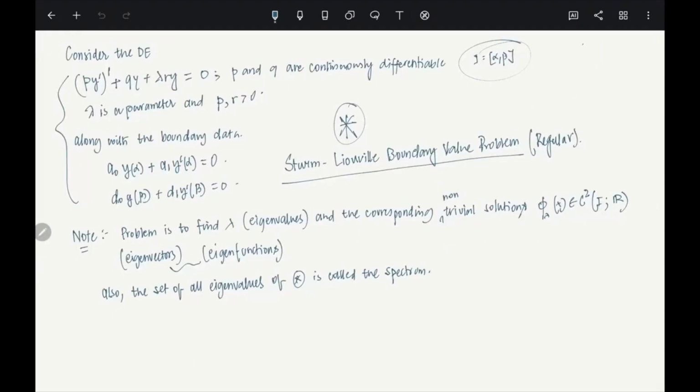Now let's work out one example, and then we will go to the theory part. First of all, how do you compute such an eigenvalue and eigenfunction? Let's look at that.